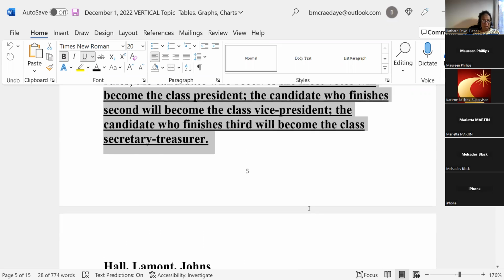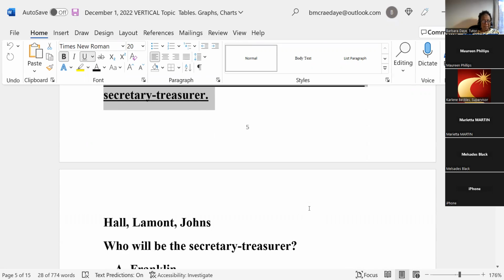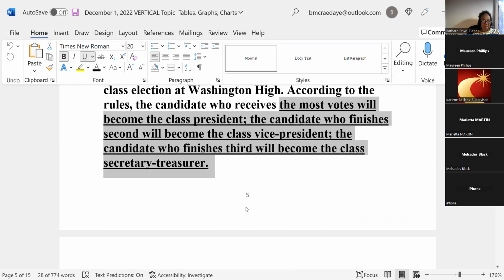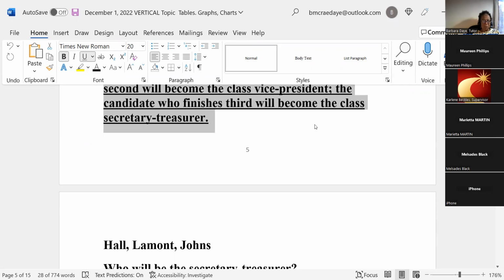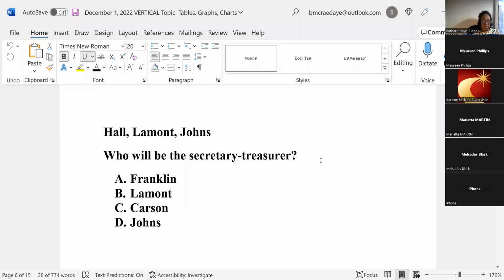Hall. So Hall is the president, right? Who got the next highest? Lamont. Lamont would be the vice president. Who got the third most? John. So John is the secretary treasurer. John. That's my answer.